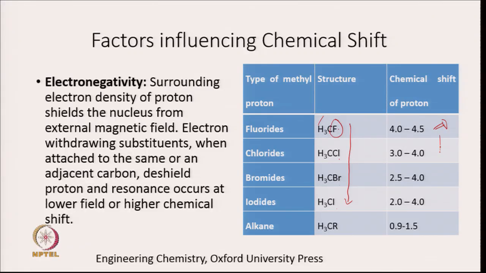And so you can see that as you go down, the chemical shift value decreases. In alkanes, the carbon is attached to R groups, which are electron donating groups, and that is why you expect a small chemical shift.